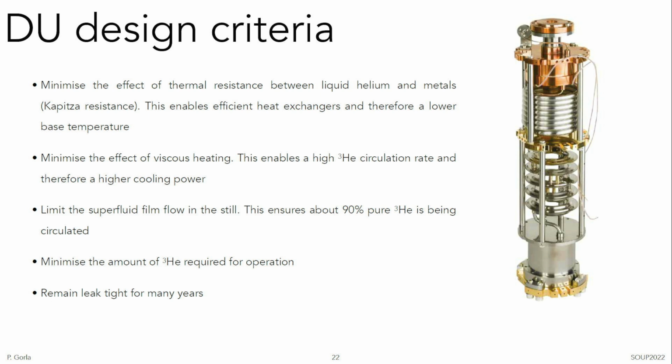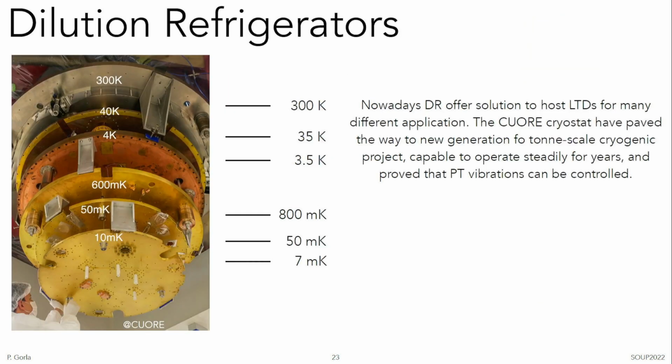By optimizing this heat exchanger, you get to a stable condition in which you can keep your device or material that you want to test or experiment at millikelvin temperatures in stable condition over time.